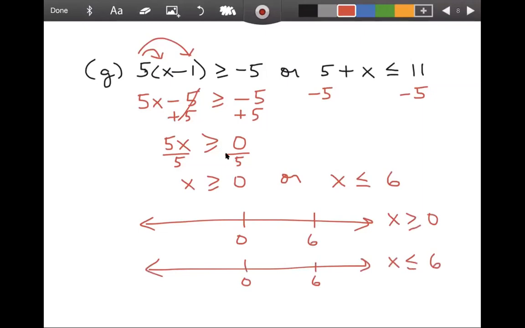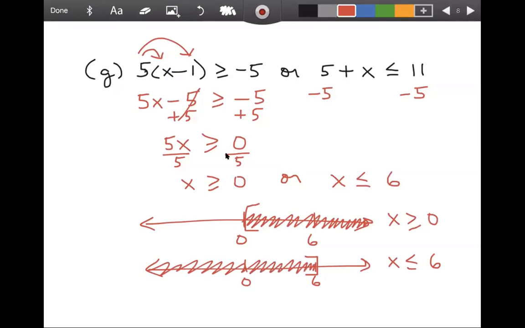All right, so x is greater than or equal to 0 would be a bracket at 0, and then color everything to the right. X is less than or equal to 6 would be a bracket at 6, and everything to the left.